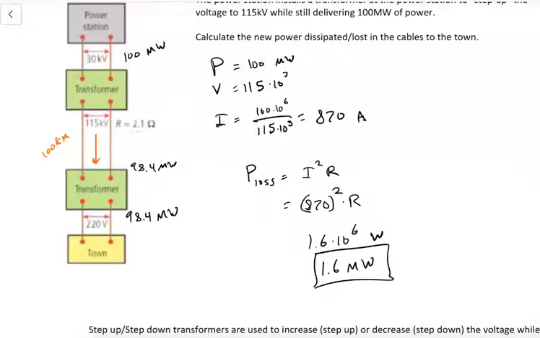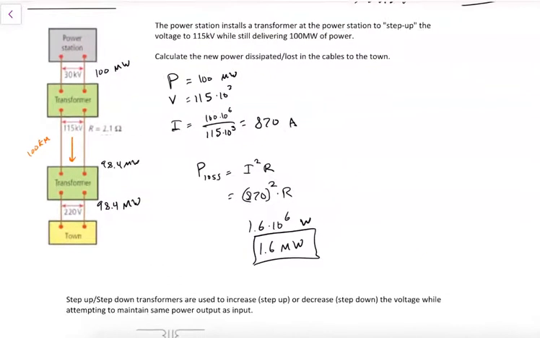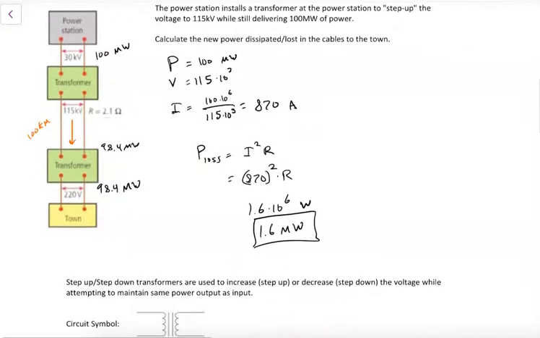And so we've decreased power loss by using a step-up voltage transformer to decrease the current and therefore decrease the power loss. All right, so that's the importance of the I squared R equation. That's why we know that a smaller current is going to decrease the power loss significantly due to the squared value in the equation. So let's start looking at what transformers are.